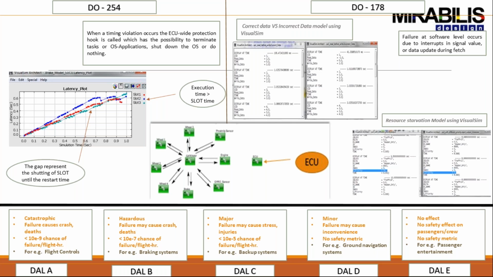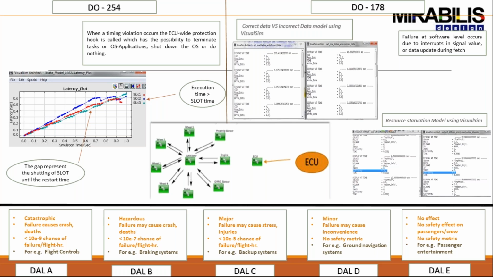And DO178C corresponds to software. So we have some data overwrite values, like the incorrect data versus correct data. At the bottom, you can see we have DAL A, B, C, D, E, all the levels, and you can see which corresponds to what.